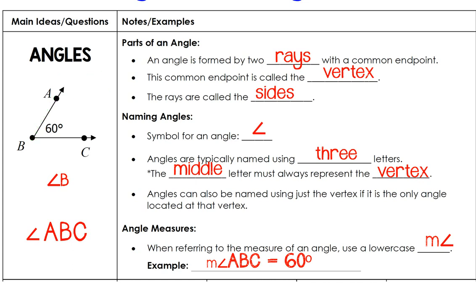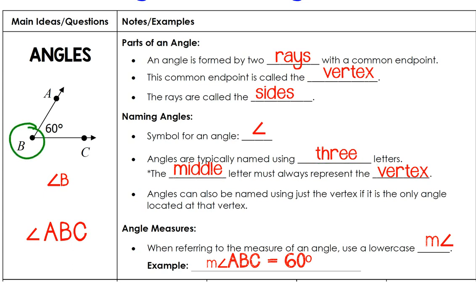So the symbol for an angle looks kind of like a less than sign, but it's a little more flat at the bottom. When you name an angle, you typically use 3 letters, and the middle letter should always be your vertex.